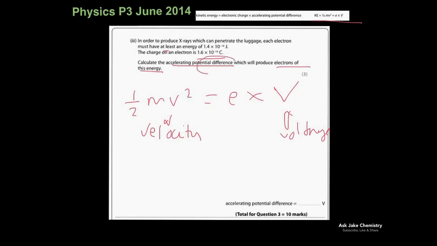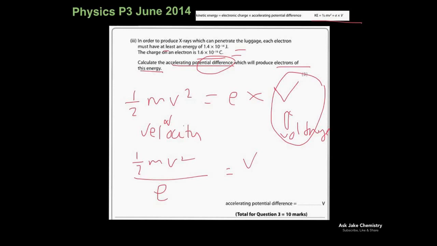They want us to calculate potential difference. Potential difference is the voltage. So we need to rearrange to get V. The only thing you have to do is half mv squared divided by the electron charge equals voltage. If we do that, now we have only two numbers here. We have 1.4 and we have 1.6.